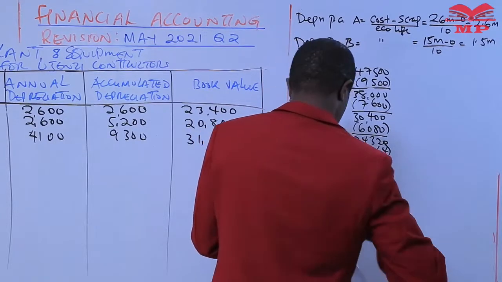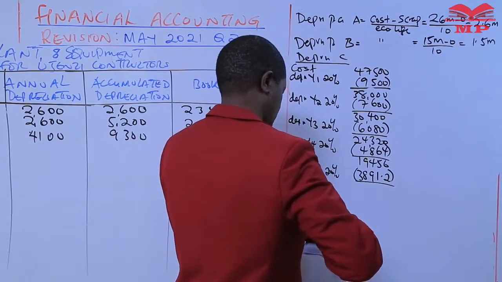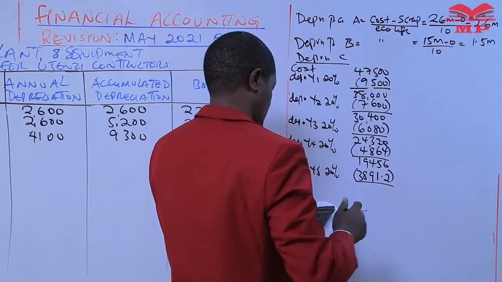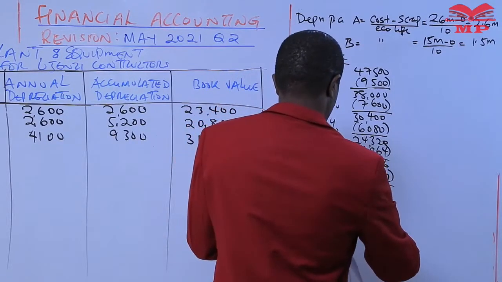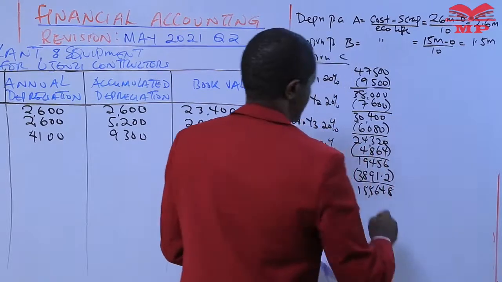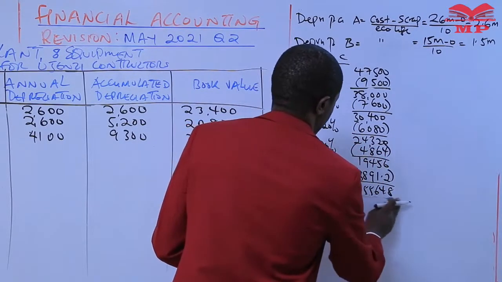Deduct from 19,456, getting here 15,564.8. That is the net book value year 5.